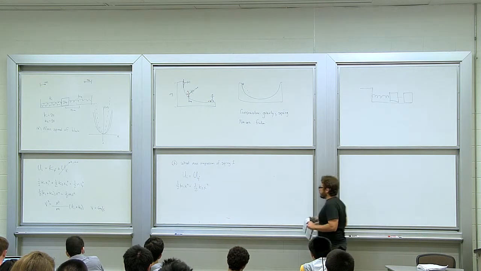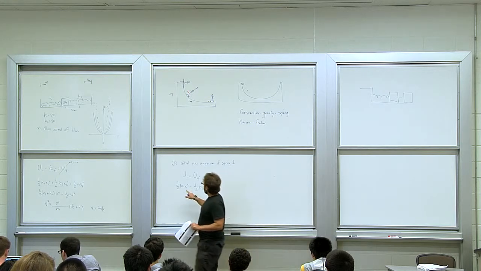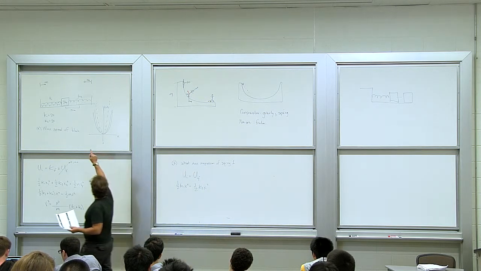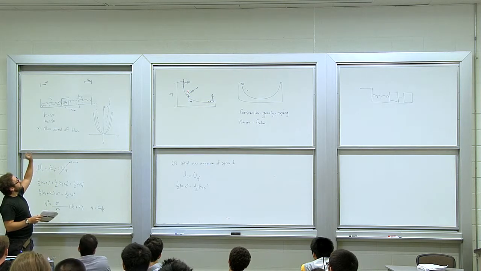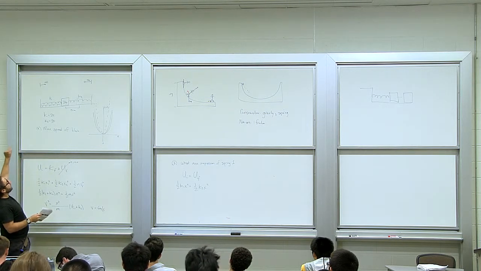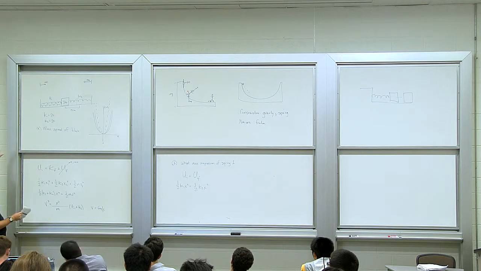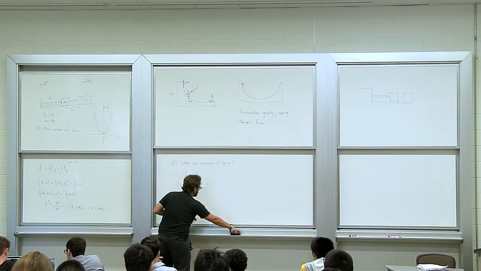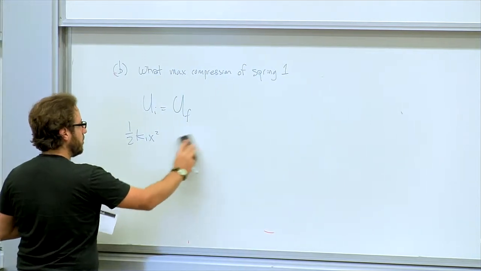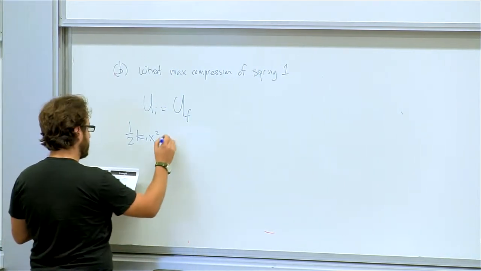You might be tempted to do it this way, but remember, in the initial configuration, both springs are extended and both springs are applying a force. Also, in the final configuration, when it's come and squished k1, both springs are extended and both are applying a force. So you have to account for both in both cases.